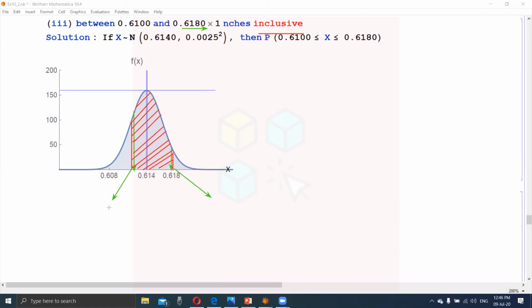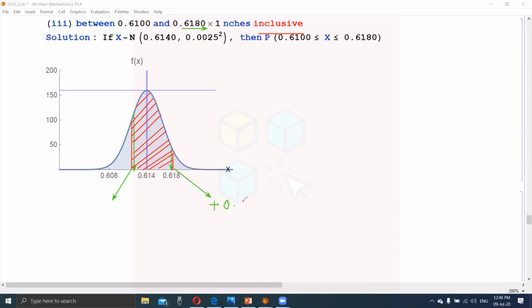Since on the number line the red line is before 0.61, we take 0.61 minus 0.0005. Whenever it is on the right side you have to add the continuity correction, and on the left side you have to subtract the continuity correction.